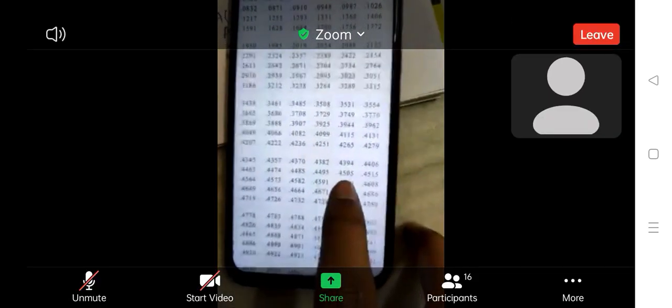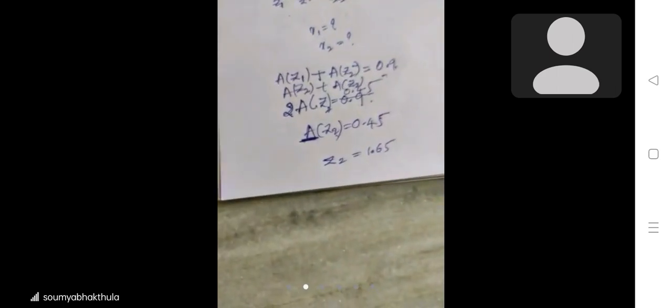Yes, here we have 0.45. So this is 1.6 and here 1.65. So the answer is z2 equals 1.65. Okay, you got the z2.